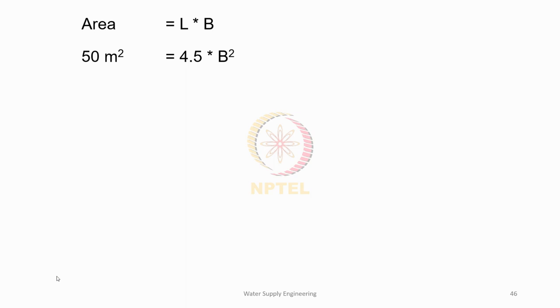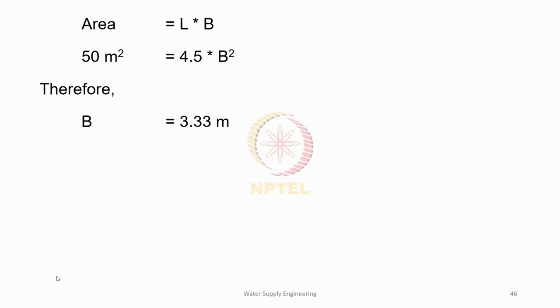L by B is 4.5 is to 1, or L is 4.5B. That's why 50 is equal to 4.5 B square, substituting for L. Now from this we'll get B as 3.33, that is square root of 50 by 4.5.